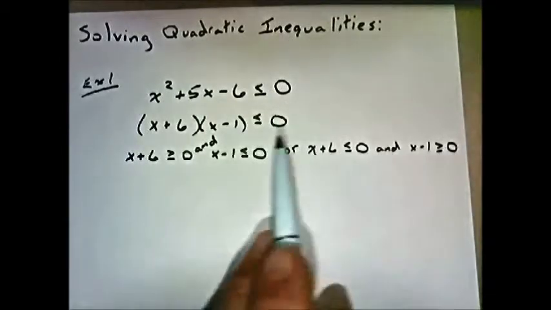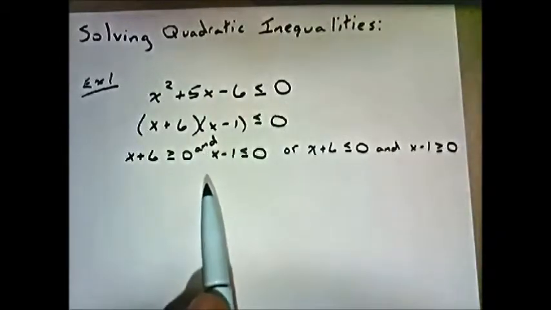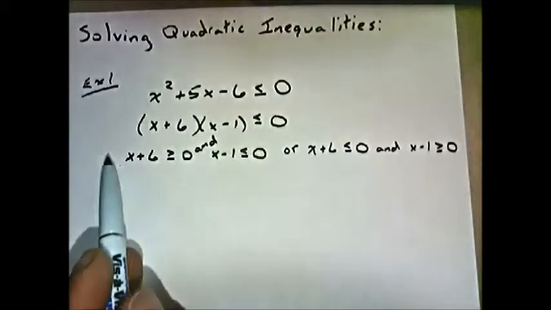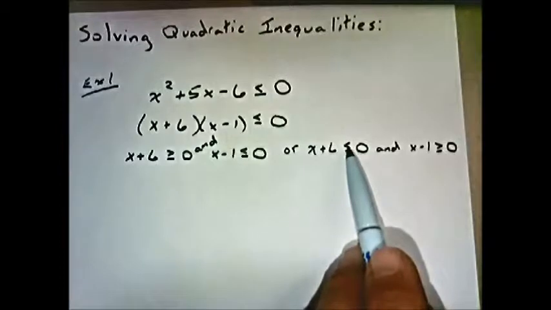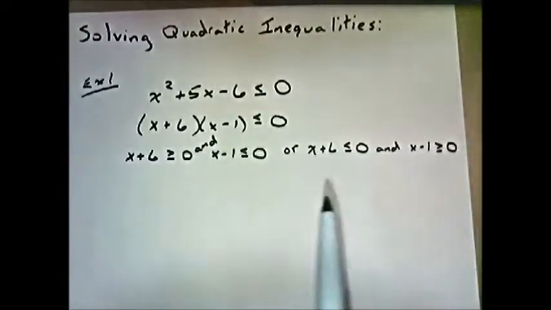These are going to be our two inequalities that we have to look at. So we have one positive and one negative, or the other one negative and the other one positive.